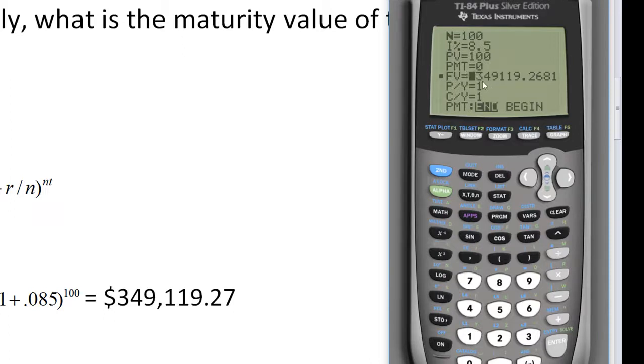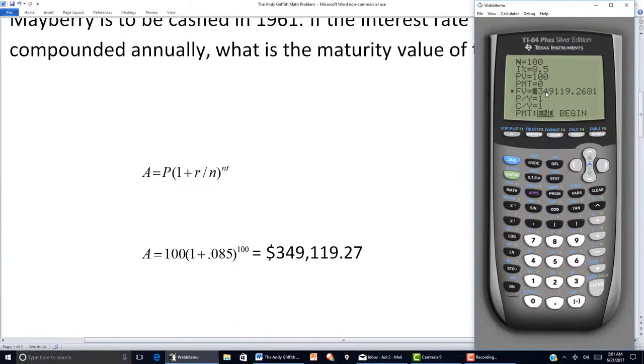I could have fixed that by just putting a negative 100 here. But just ignore the negative, and it comes out to 349,119.27.